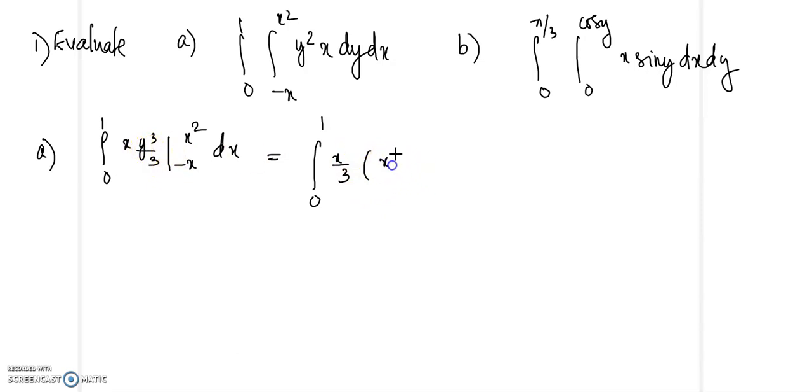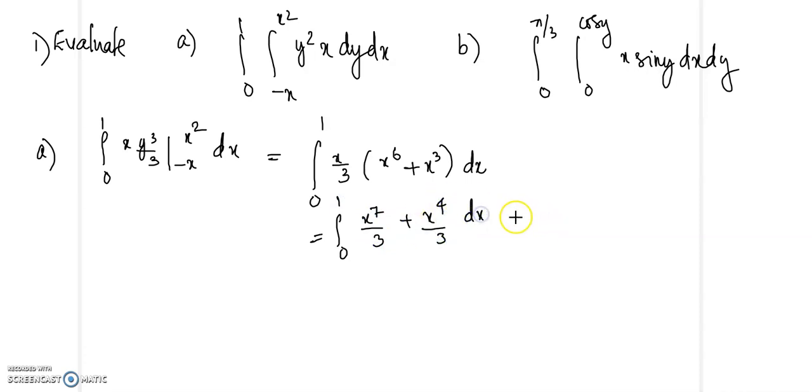That will give you x raised to 6 minus minus x whole cube, so plus x cube, dx. Now this will be equal to integral 0 to 1 of x raised to 7 by 3 plus x raised to 4 by 3 dx. So that will be 1 by 3 times x raised to 8 by 8 plus x raised to 5 by 5, from 0 to 1.